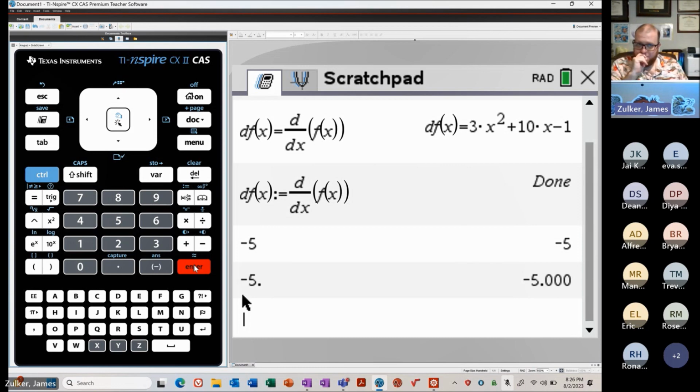And here's why I did that. Remember that the iteration was xn minus f of xn divided by f prime of xn, right? So I'm going to go answer minus f of answer divided by df of answer, and then hit enter.